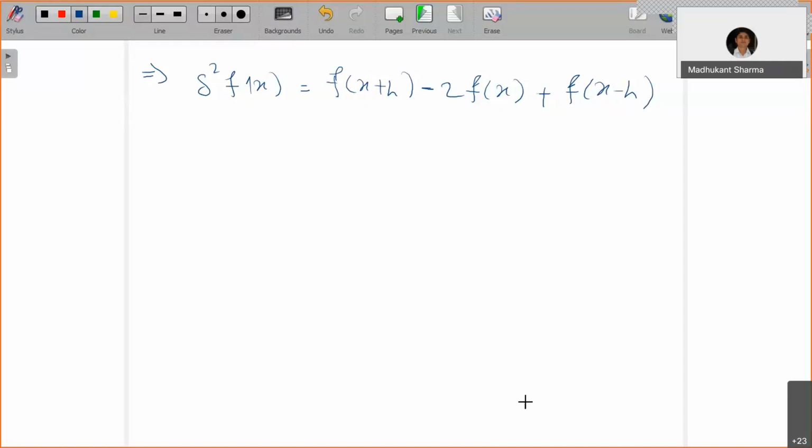So let's write down the central difference table as well, for the given data.